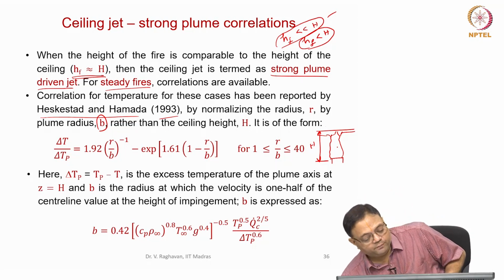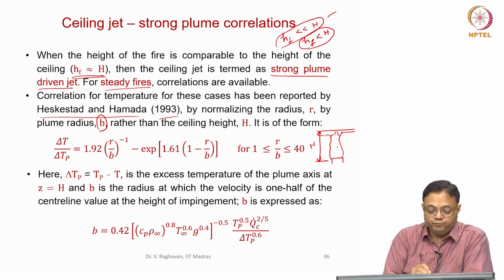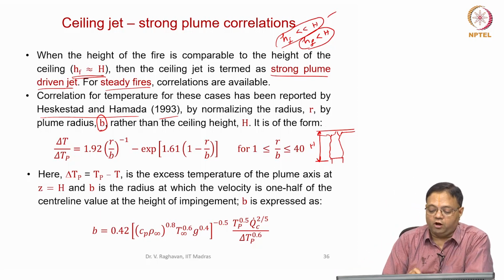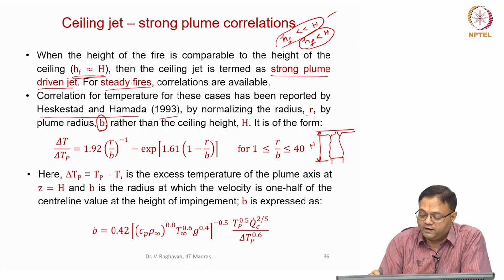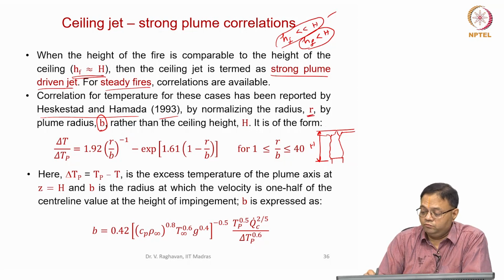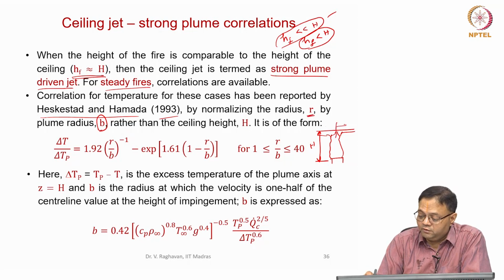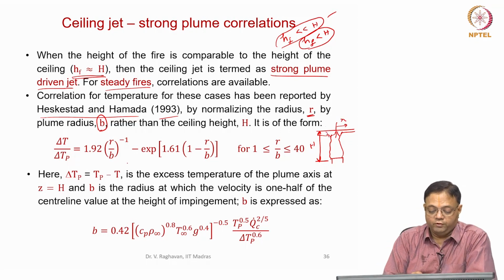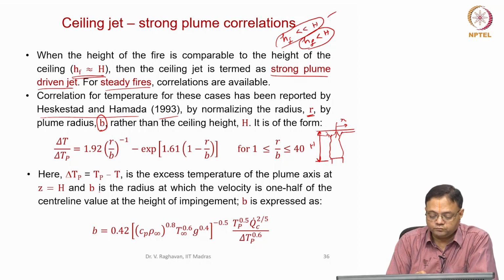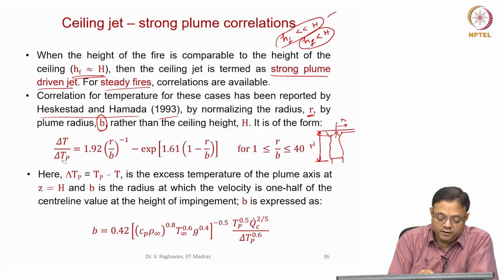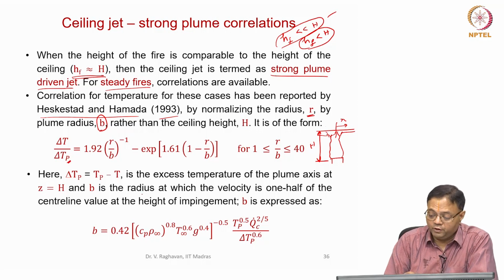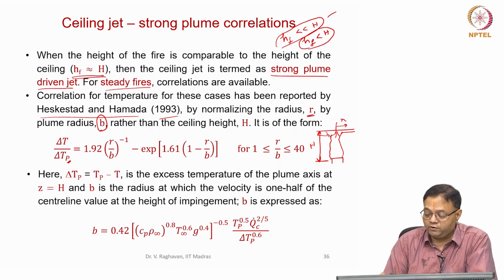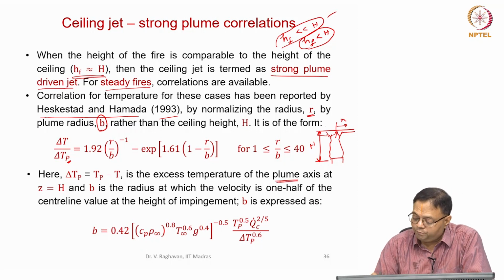Now you can see that the plume radius B also is in the correlation. So that is the radius, any radius from this, and the plume radius now is taken into account. So R by B. Now one more thing is, what is Tp? The Tp here is nothing but the excess temperature of the plume. So for example, there is a plume temperature.